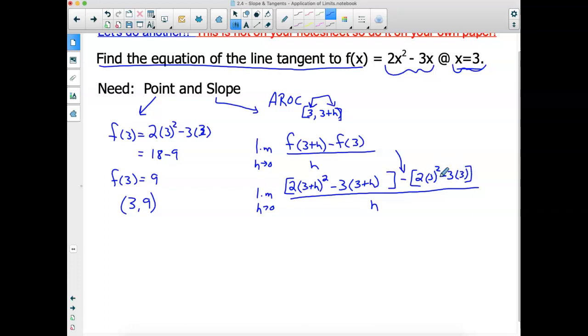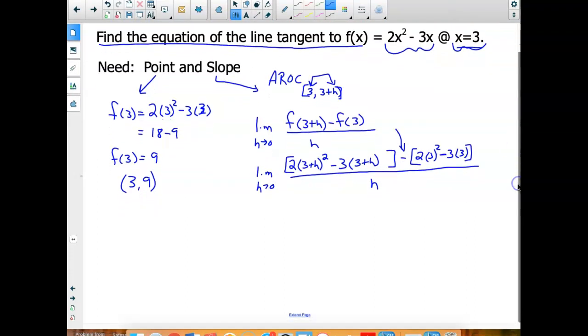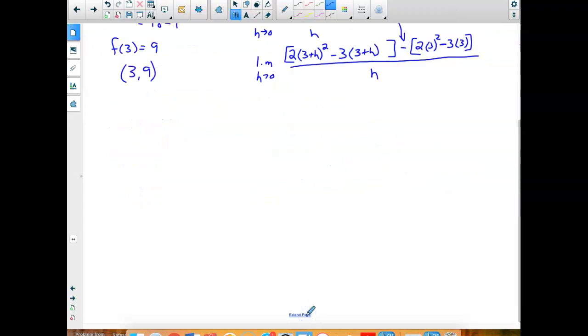I'm going to keep plugging and chugging along here. I always expand this part up here. So that's really 9 plus 2 times 3 times h, which is 6h, plus h squared.